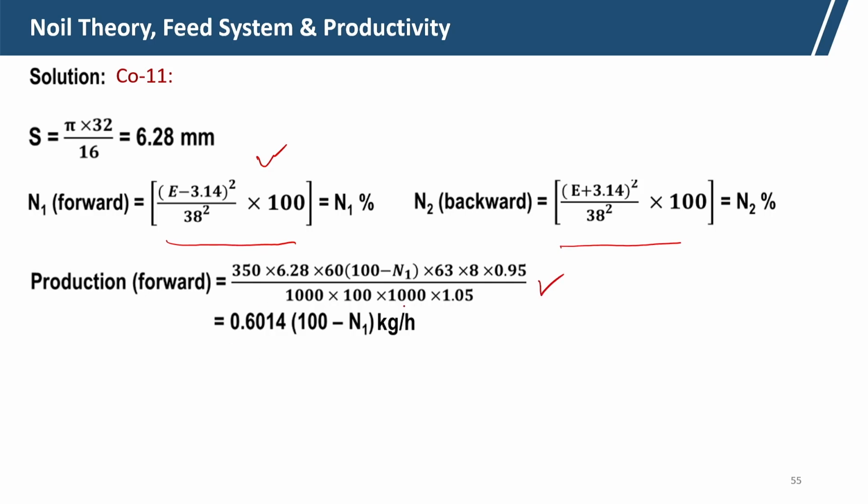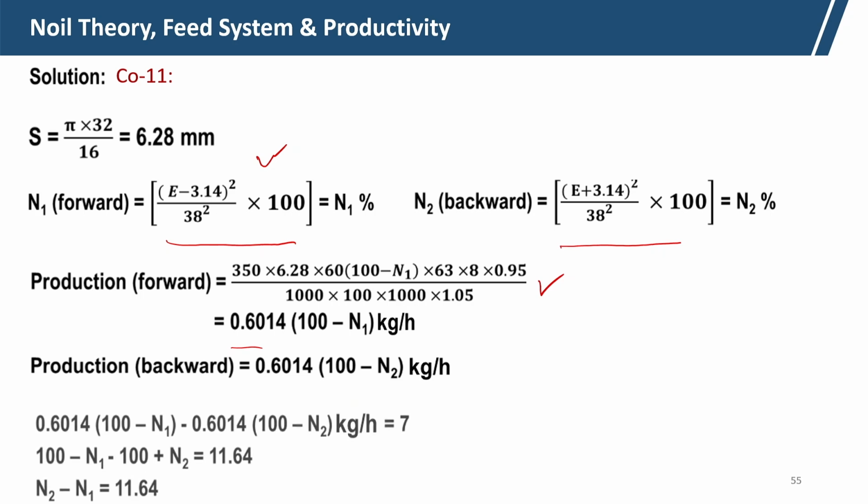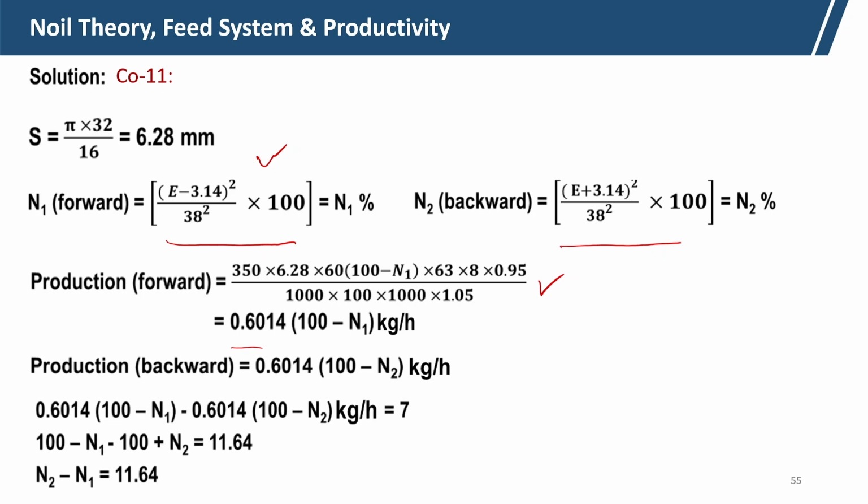So, these are all constants: 0.6014 multiplied by (100 minus N1) kg per hour. For backward feed, 0.6014 multiplied by (100 minus N2) kg per hour. So, the change in production is 7 kg per hour as it is given. So, N2 minus N1 is 11.64.